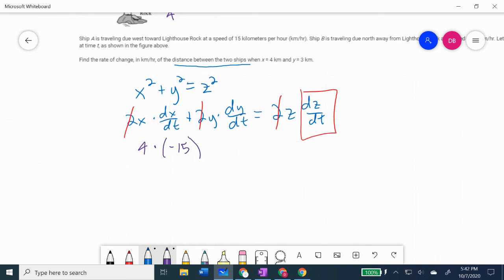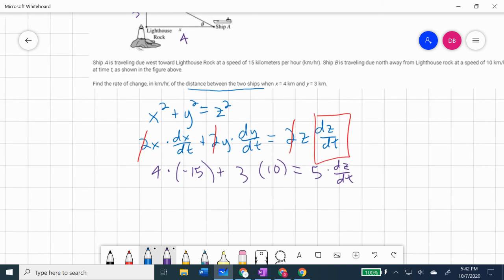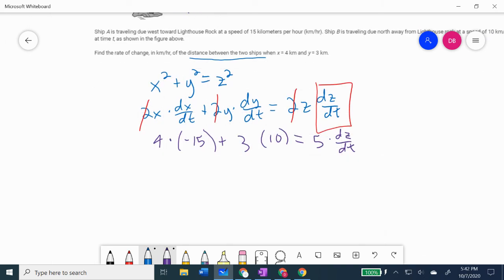And before I forget, dy/dt was 10. And y at this moment is 3. z at the moment is 5. And now I have 4 times negative 15 to give me negative 60, plus 3 times 10 is 30. And so I've got negative 30 divided by 5 gives me negative 6 is dz/dt.